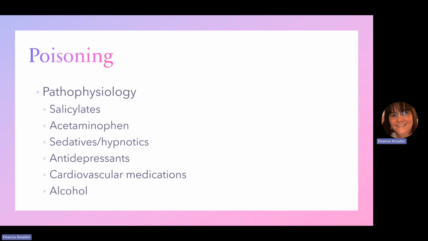Fatalities most commonly result from the ingestion of analgesics, sedative hypnotics, antipsychotics, antidepressants, street drugs, obviously cardiovascular meds, or alcohol. So again, look through your speaker notes. They kind of divide these main ones out and talk about them, and who's your typical demographic for these types of poisonings.